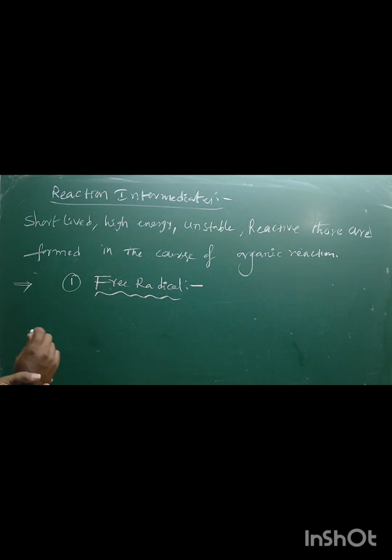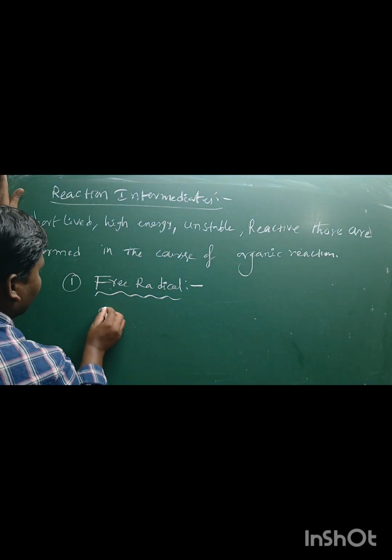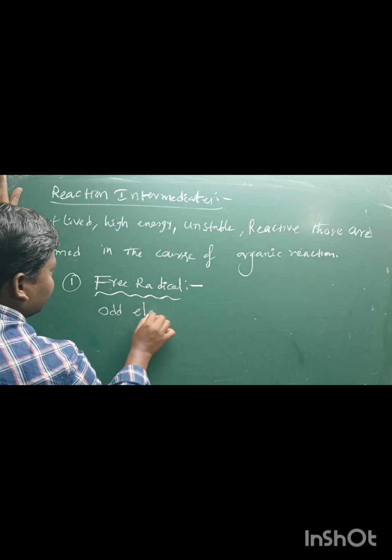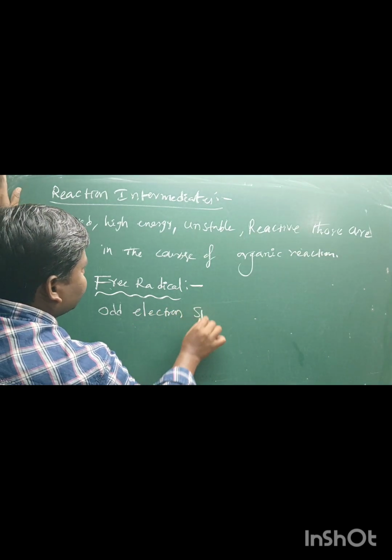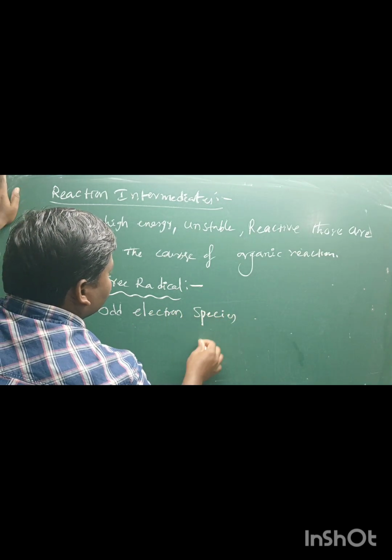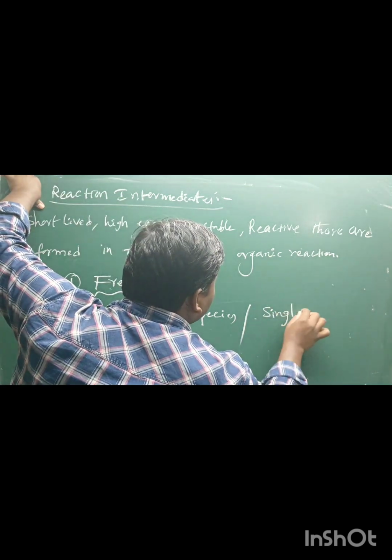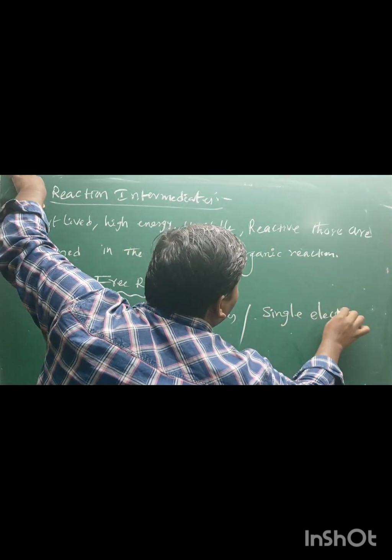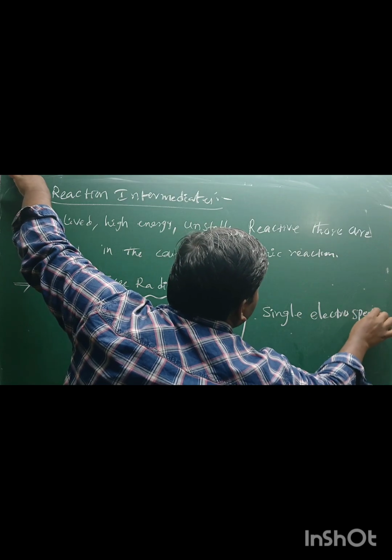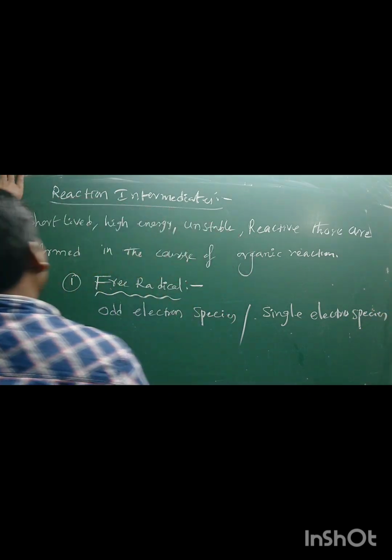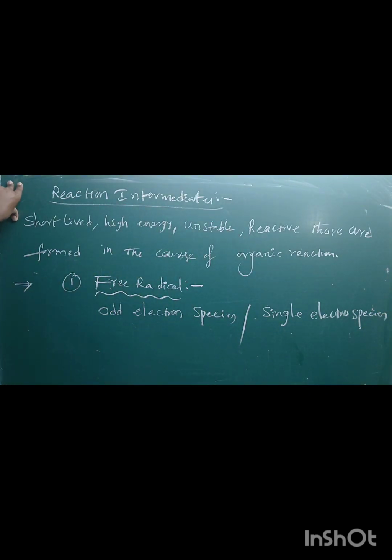What is the definition of a free radical, sir? An odd electron species, or single electron species, is called a free radical.